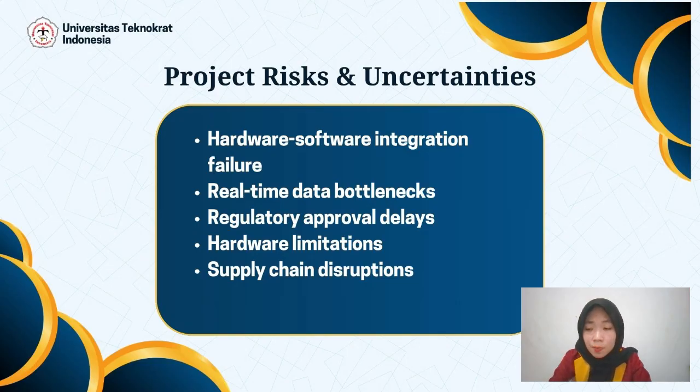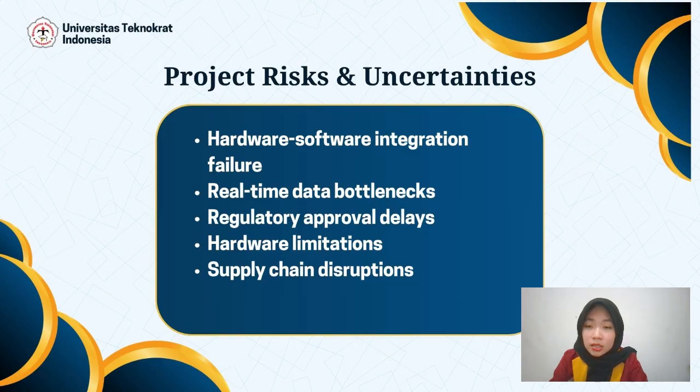There's always a possibility of delays in getting regulatory approvals or supply chain problems affecting hardware availability. The V model allows us to plan for these uncertainties with clear task plans and fallback measures. By identifying errors early, the team can reduce the chance of project failure.